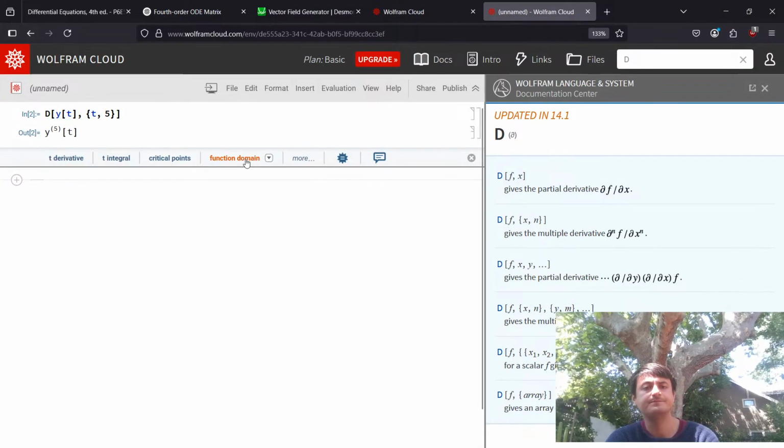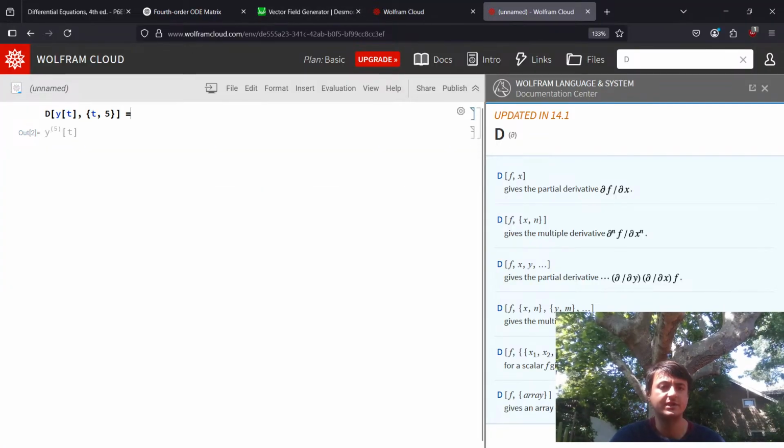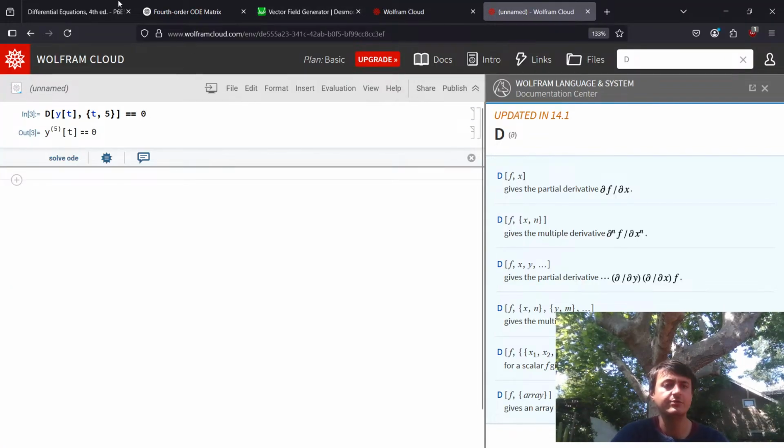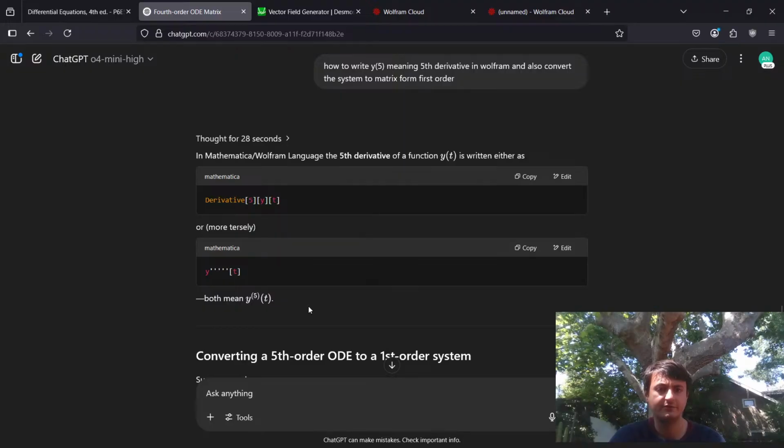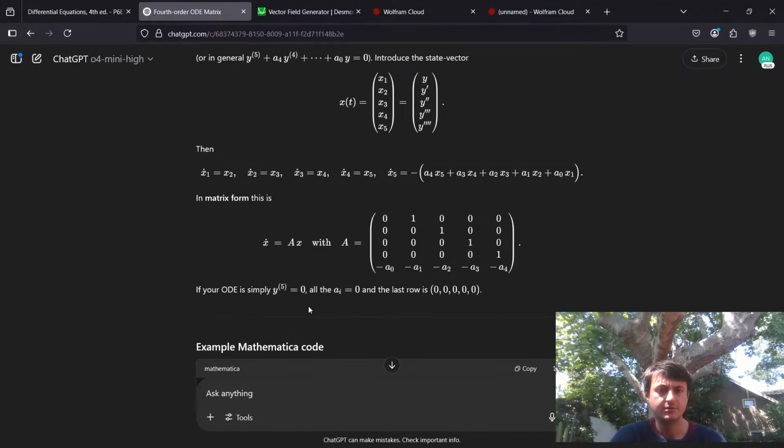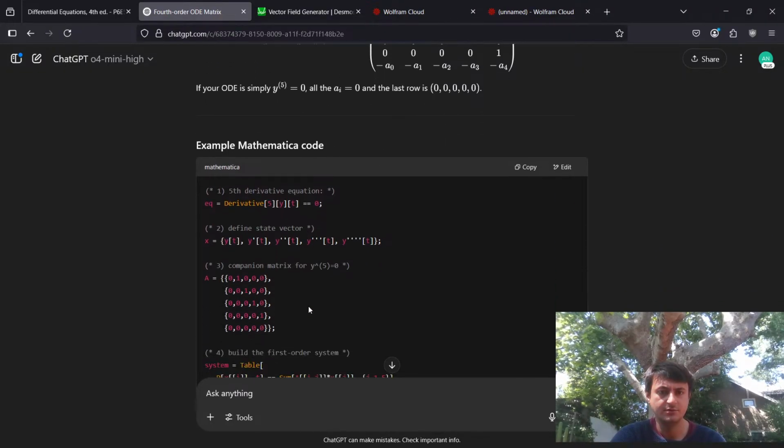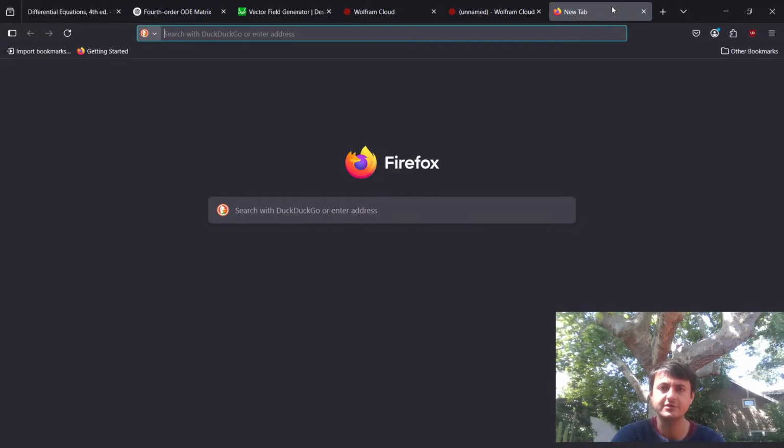Okay, that's what I thought. All right, so then you want to do this. Then you want to say is equal to 0. Then you want to convert it to first order. How do you convert it to first order? There's got to be a way to convert to first order.